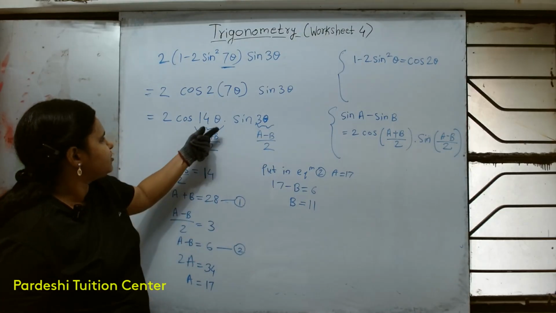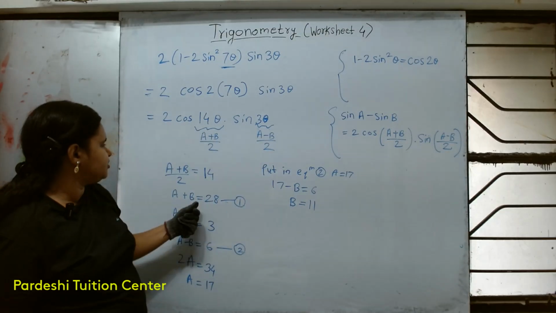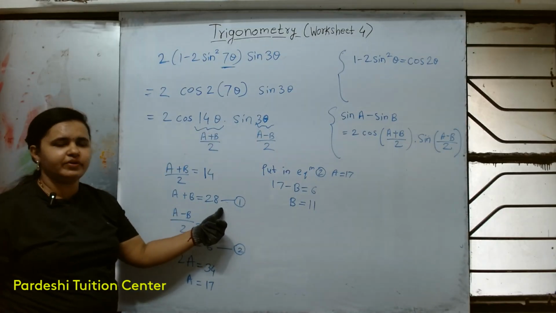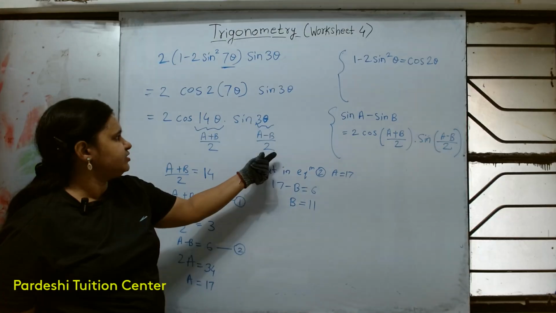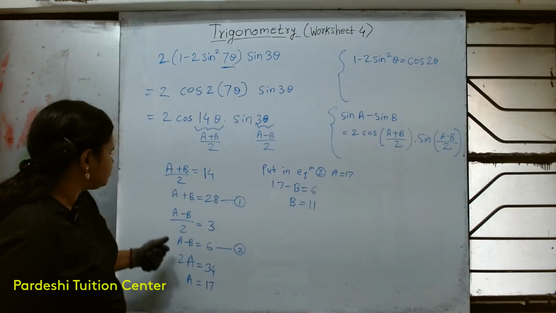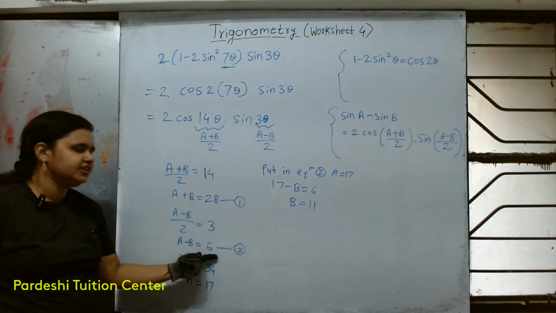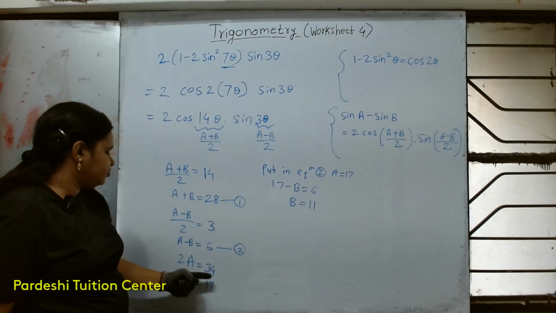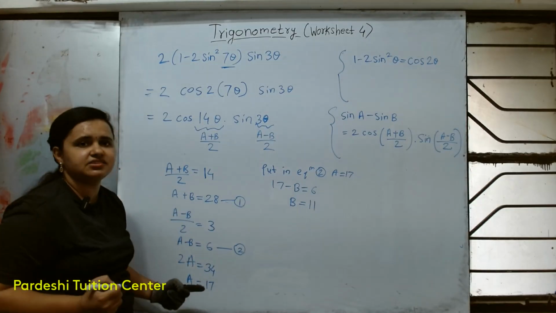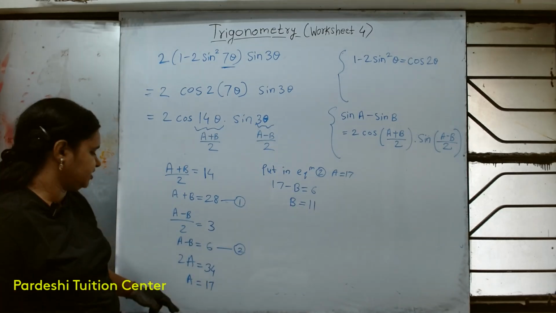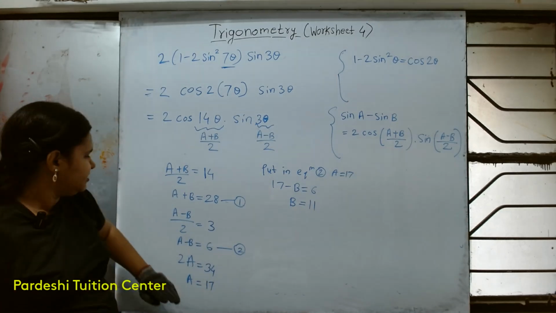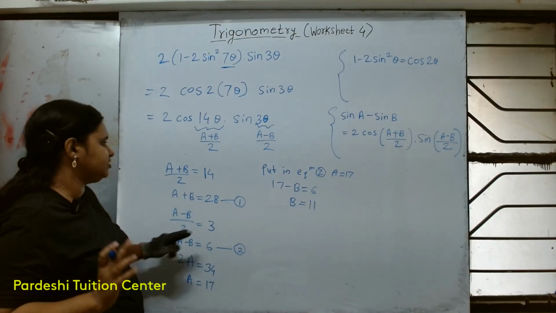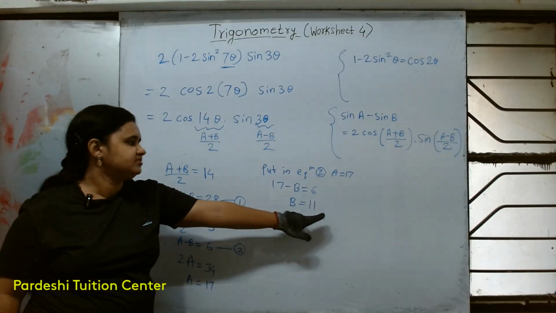This was our cos a plus b by 2 equal to 14, so we found the equation a plus b equals 28. From a minus b by 2 equals 3, we found the equation a minus b equals 6. By adding equation 1 and 2, we found 2a equals 34 and b got cancelled. A is equal to 17. By putting the value of a in either of the equations, in equation 2, I have found the value of b as 11.